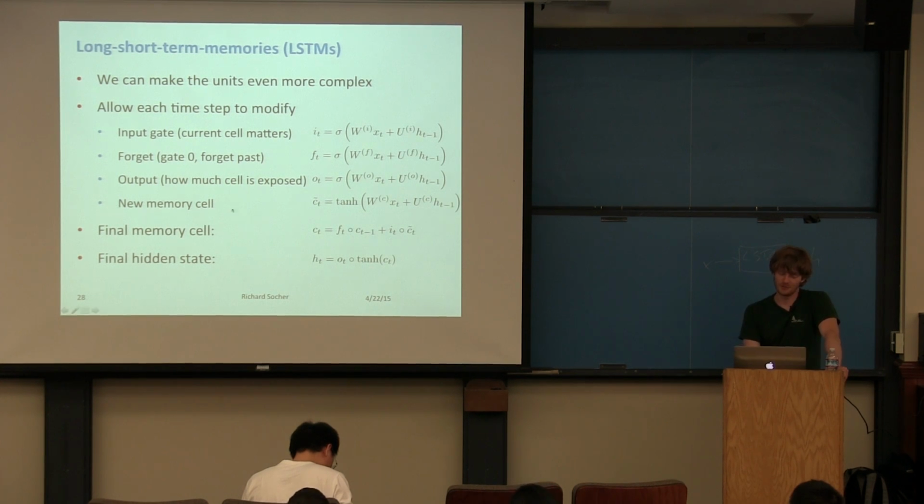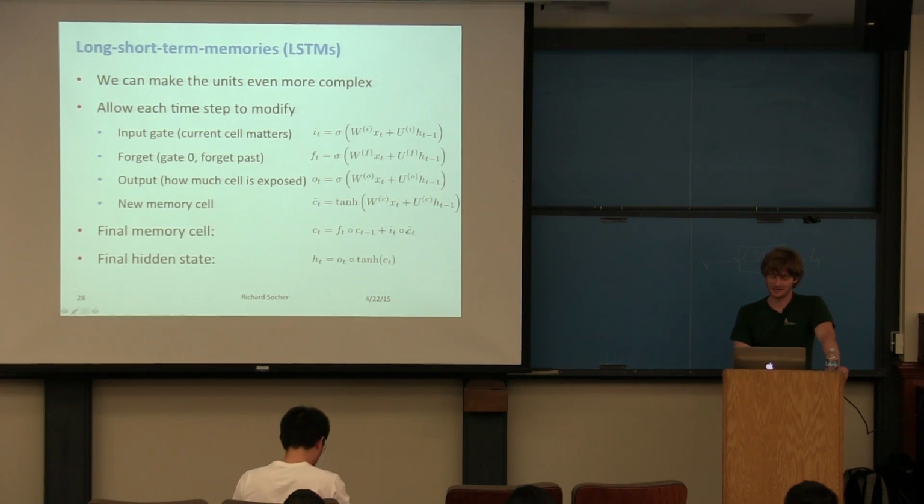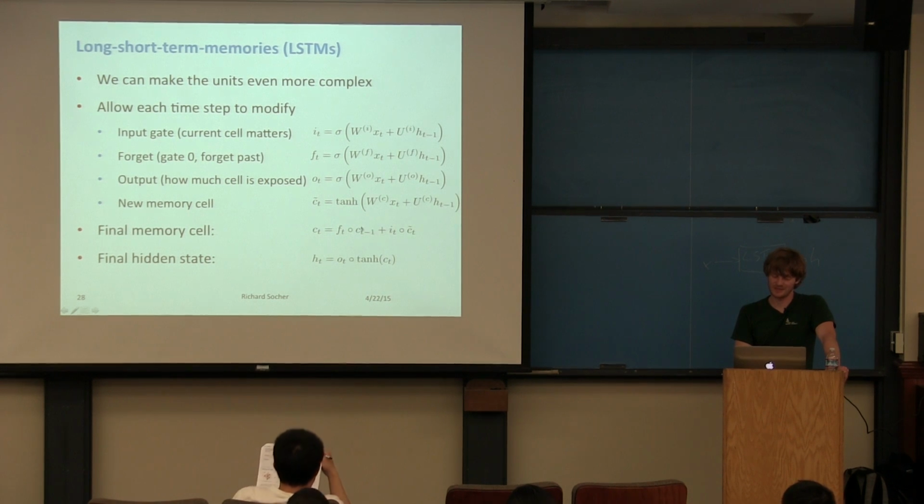OK, so the new memory cell here is also, again, a tanh unit. And we have here the same kind of linear transformations and so on. So now the main novelty here is how do we actually put all these gates together? And it's fairly straightforward in some ways, right? We just have two element-wise multiplications. And we, again, either care about our previous memory c_{t-1} or about the thing that we just computed at our current time step.